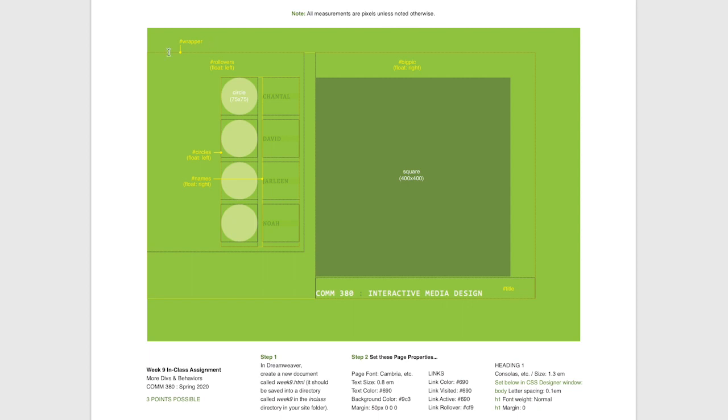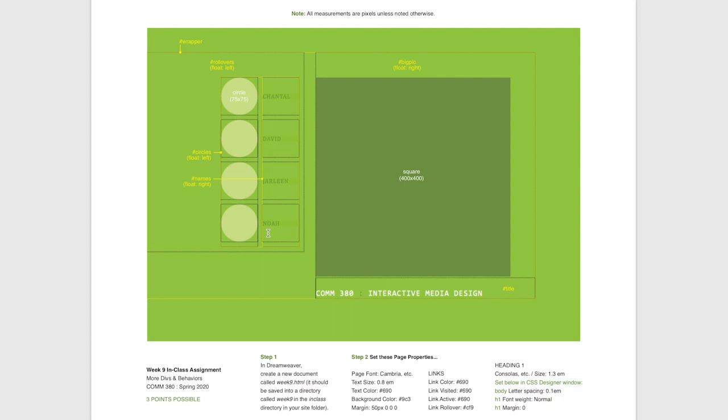But inside of the wrapper is another box right here, and this box is called Rollovers, and you'll notice that I've indicated it is going to float left because it is next to the big pick box over here, which is right here. Inside of the Rollovers box are another couple of boxes. So they're tall and skinny. The one on the left is called Circles, and the one on the right is called Names.